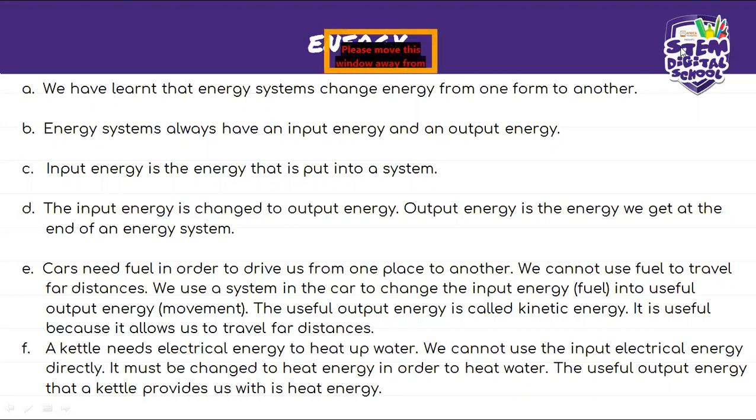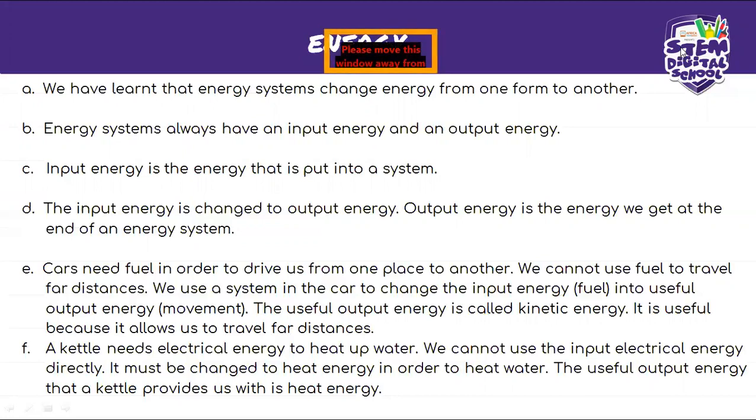We can use a system in the car to change the input energy, fuel, into useful output energy, kinetic energy. Okay, so the useful output energy is called kinetic energy.